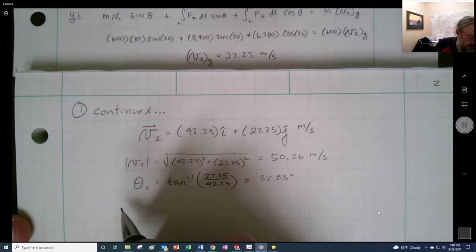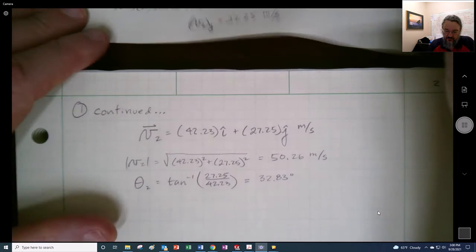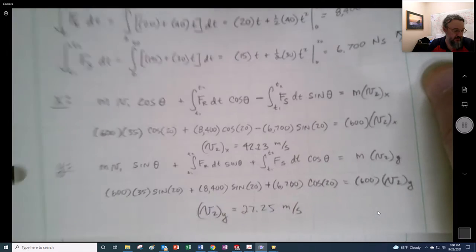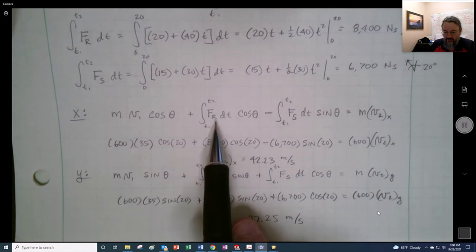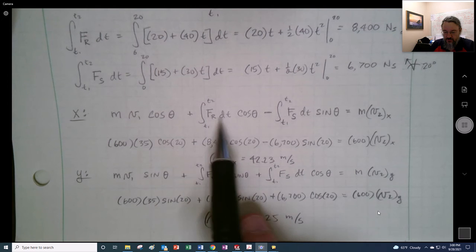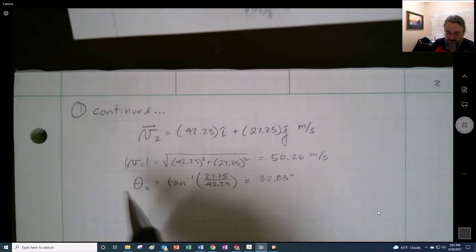Okay, and now we want to have the average force. I could do this in a number of ways, but I could find out the total impulse that's happening in the x direction. So let me write this right here.